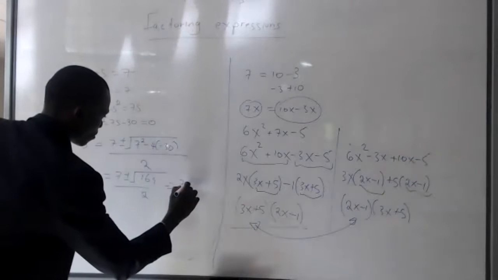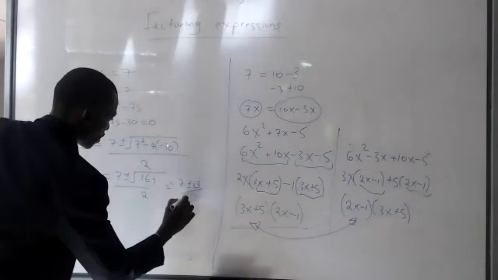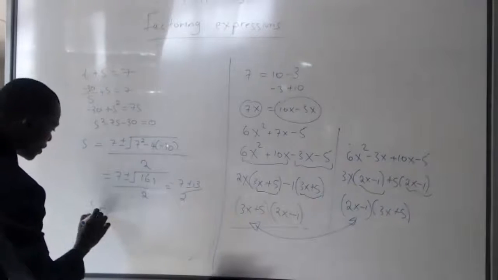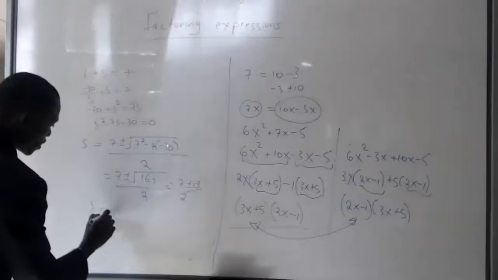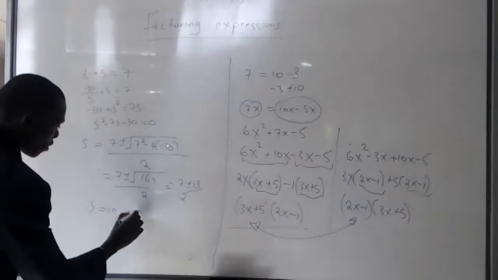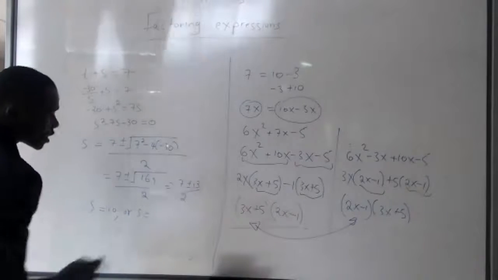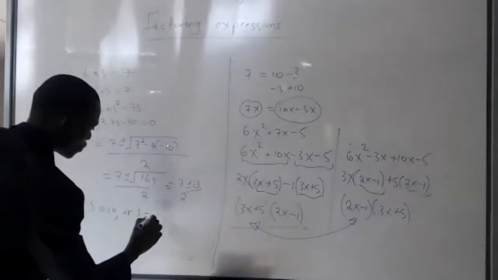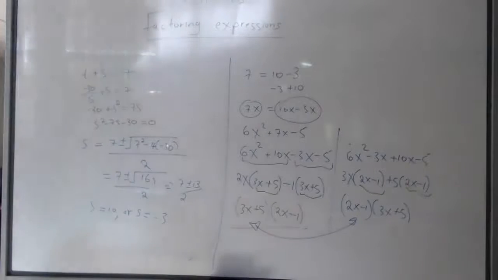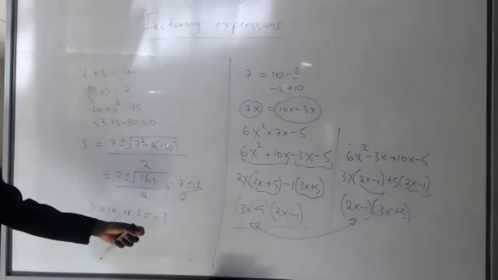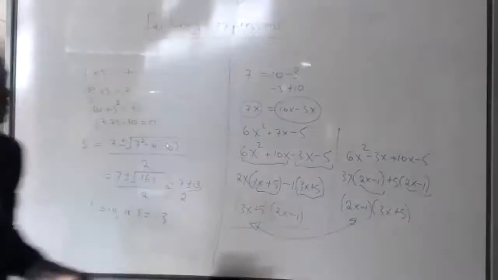So this is 7 plus or minus 13 over 2. So s is 7 plus 13, that is 20 divided by 2, that is 10. Or s is 7 minus 13, that is minus 6 divided by 2, you get negative 3. So we had s as 10 and negative 3.